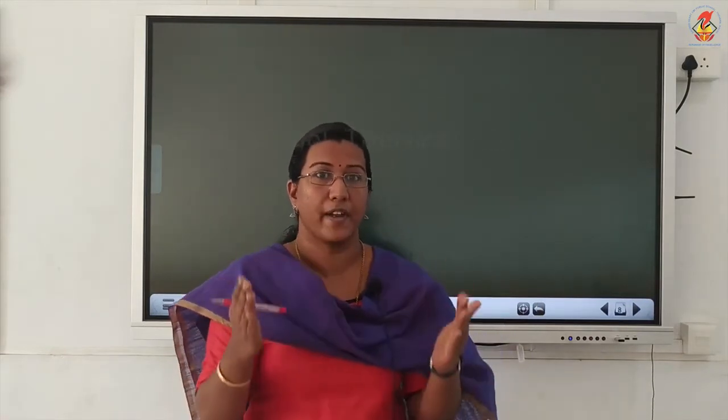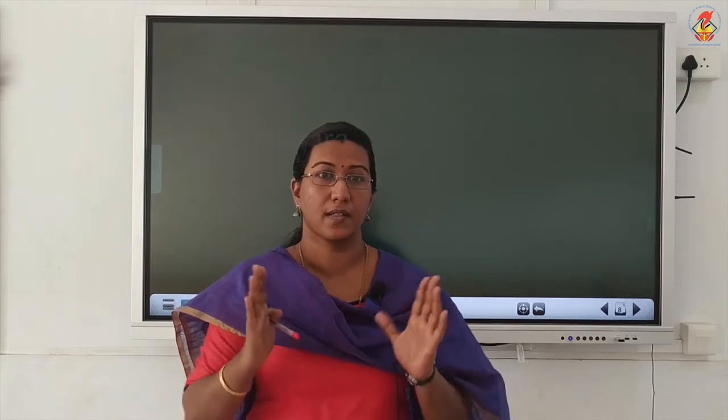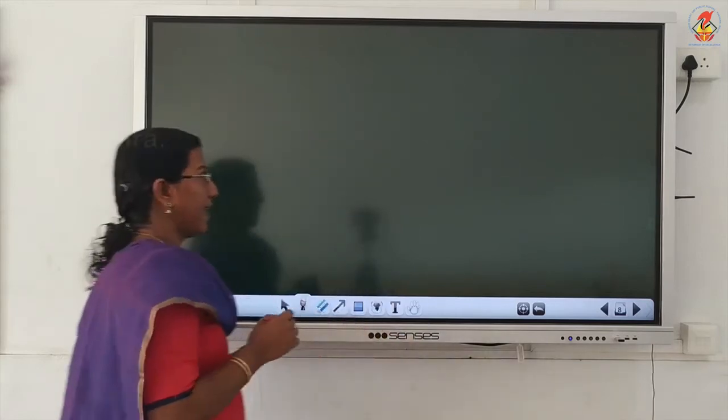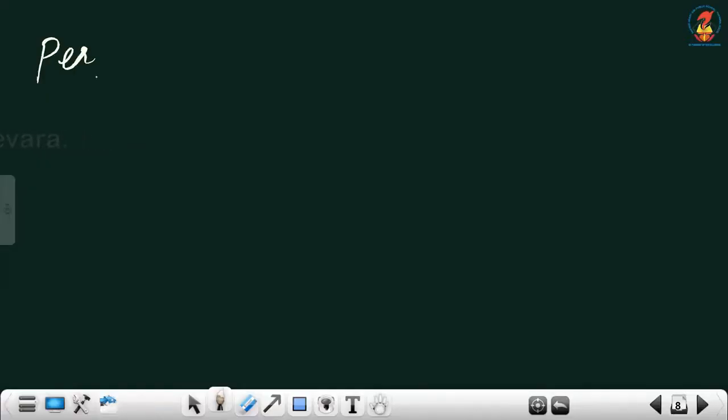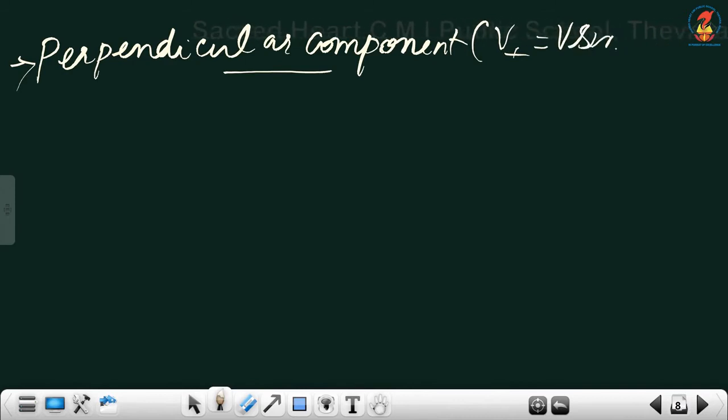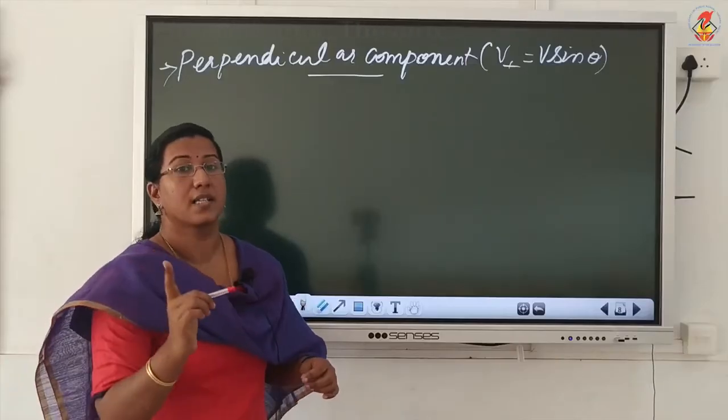We are going to find out the radius of the particle, the path distance traveled in one complete revolution, etc. So first we take the perpendicular component of velocity, equal to v sin theta. So what does this perpendicular component do? It makes the particle move along a circular path.